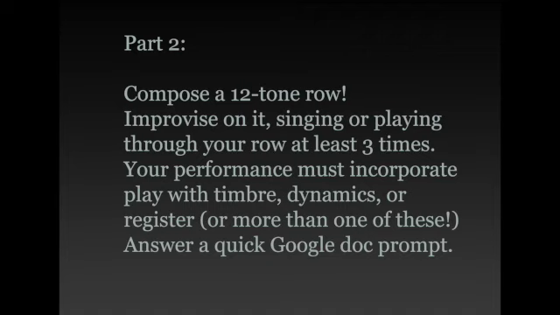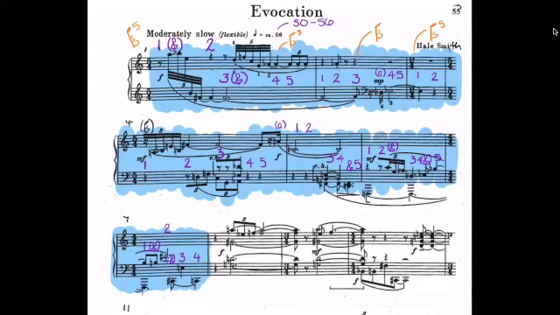And even just looking at the excerpt that we still have in front of us, Hale Smith starts out with P0 here, and he actually returns to P0 for another statement here. And look how he adjusts the register. So we start out kind of high, in the middle voices of the piano, and then he takes the same row and inverts the contour. We kind of live around this F sharp both times.